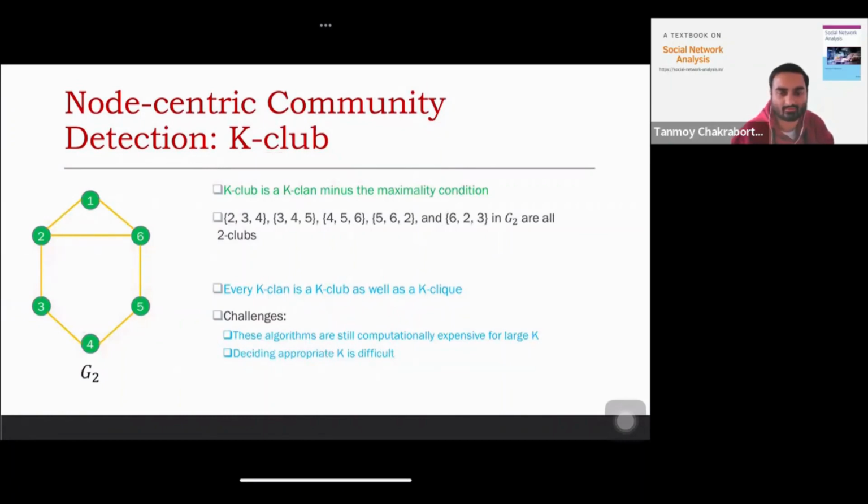You should relax it. So there is another definition called K-club. K-club is same as K-clan minus the maximality condition.